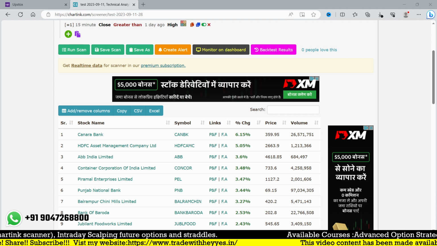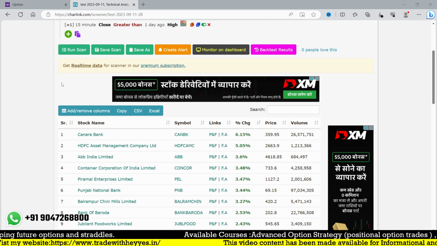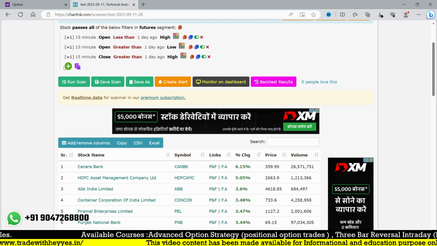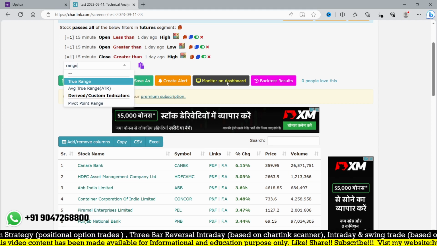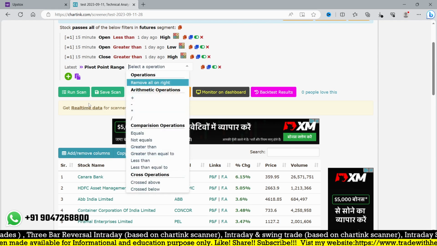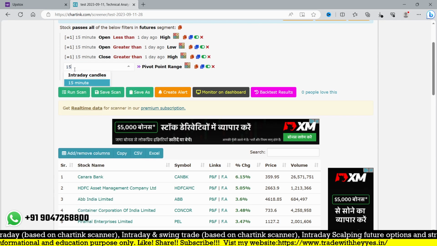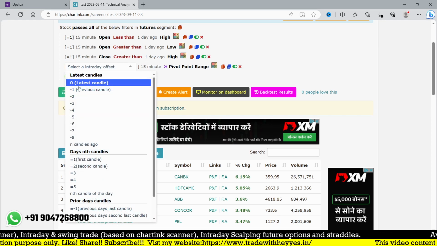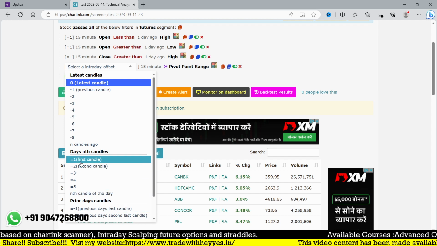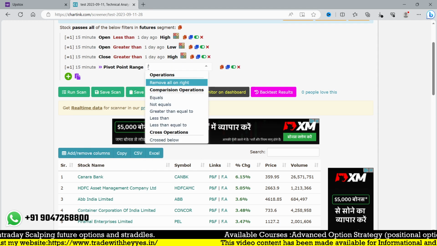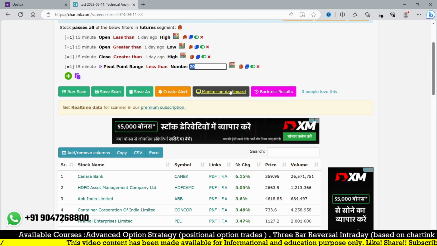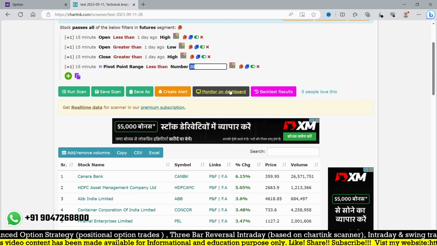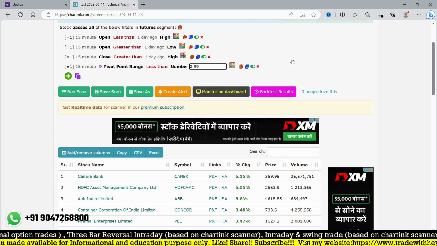Range is simply a custom indicator, which we can use to filter some stocks. It is about the custom indicator you are using on the pivot point range and the first 15 minutes. The first candle is less than number 0.99.